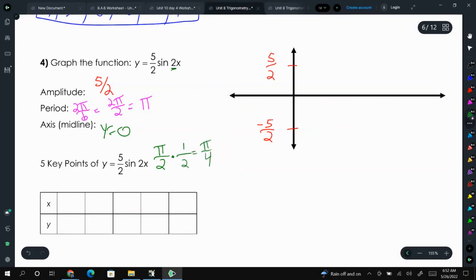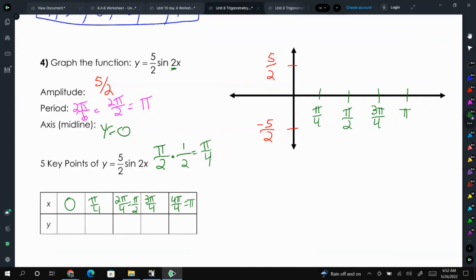So the increments here start at 0, then pi over 4, 2 pi over 4, which is pi over 2, 3 pi over 4, 4 pi over 4, which is pi. So we have pi over 4, pi over 2, 3 pi over 4, and pi.